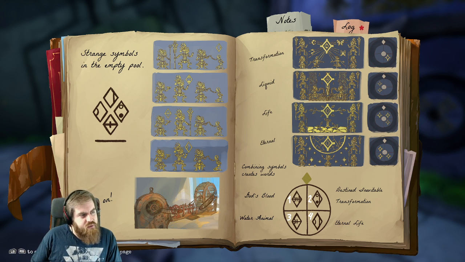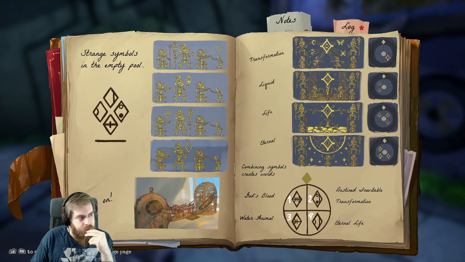So you know how you have the reference in the notebook, yeah? Yeah, I do. Water animal, eternal life. So it would be at the top for the first part.